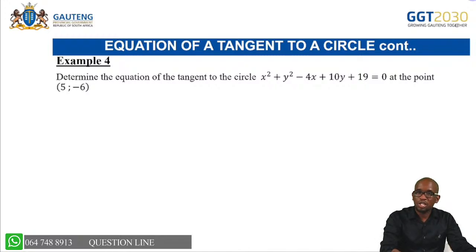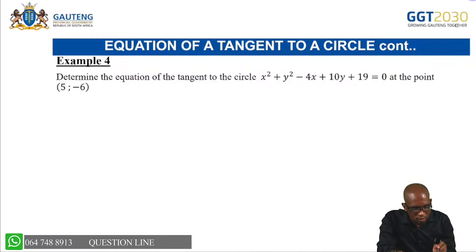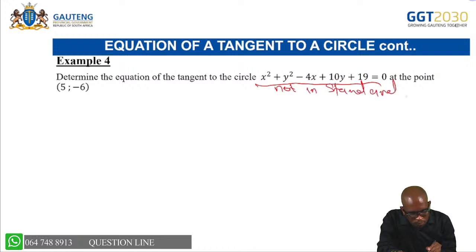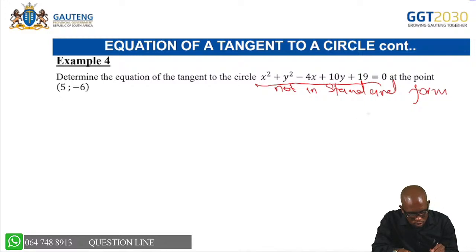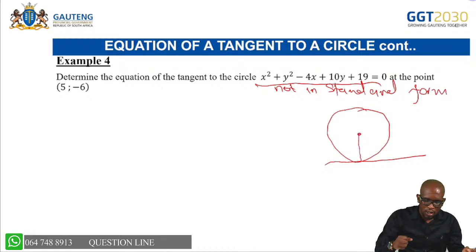However, grade 12s, remember you need the center to be able to work out the gradient of the radius. And in this case, we are given an equation that is not in standard form, which means that if I were to draw a rough sketch of this, we don't know the coordinates of the center.